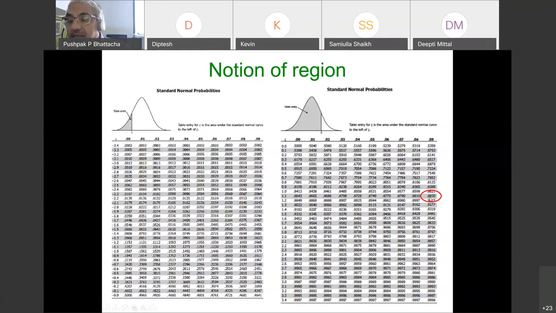I can also see from the z-score table that for 1.19 the value is 0.8830. That means from minus infinity to 1.19, the area under the standard normal curve is 0.8830.